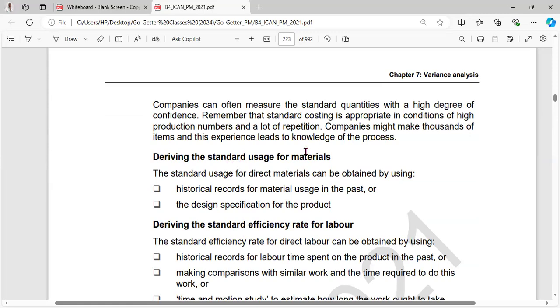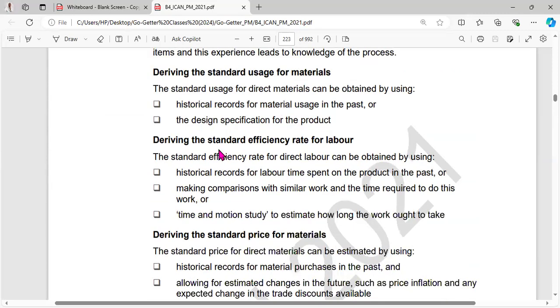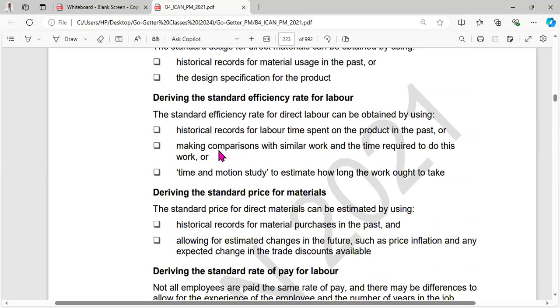Standard usage of material is derived by obtaining historical records for material usage in the past, and then the design specification for the product. Most of these things here will not be asked of you, so let's skip them now.